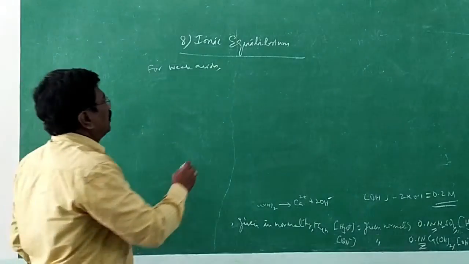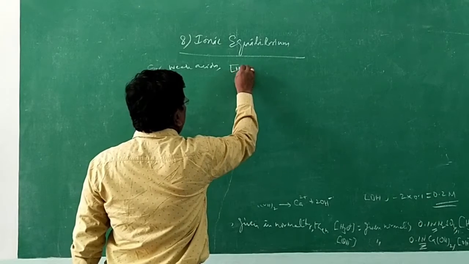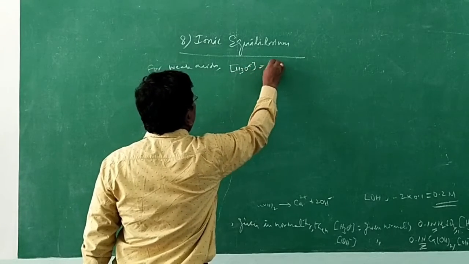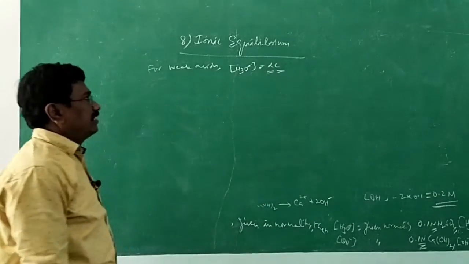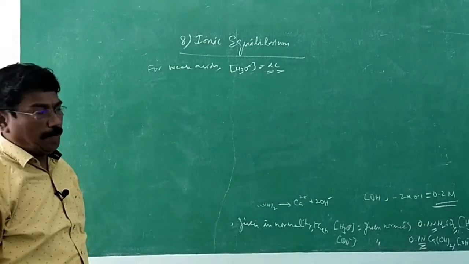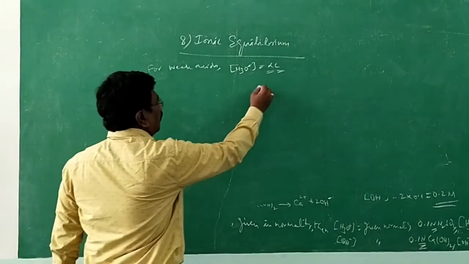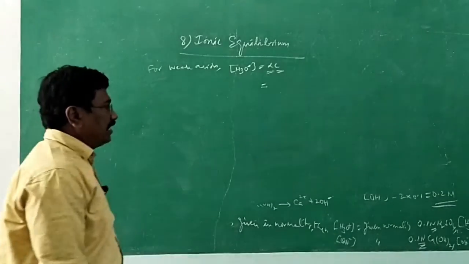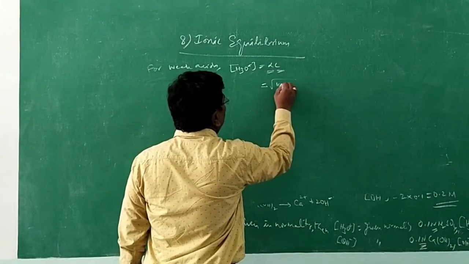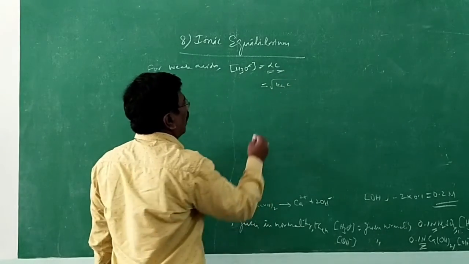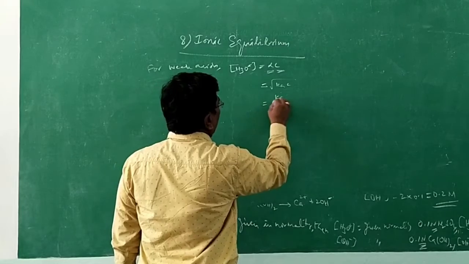And therefore, hydrogen ion concentration is equal to alpha C. You should know degree of dissociation and concentration, usually in normality. Or instead of alpha C, I can say root of Ka into C, or Ka by alpha.